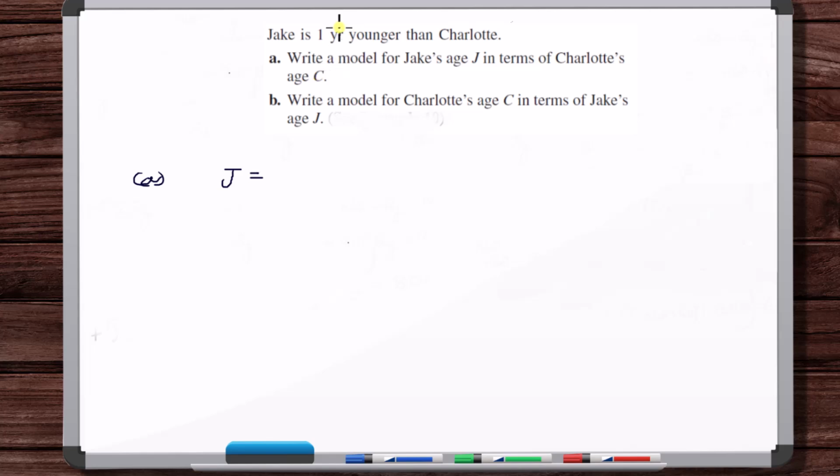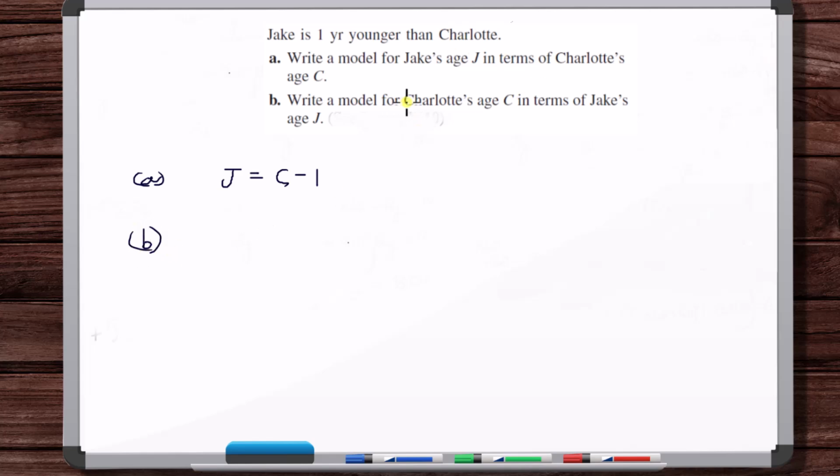Well, Jake is 1 year younger than Charlotte. So we would take Charlotte's age and subtract 1. Now you wouldn't do 1 minus C because then you get a negative number. Right? We know that Charlotte is older than Jake based on what it's saying here. So if we take Charlotte's age and then subtract 1, we get Jake's age.